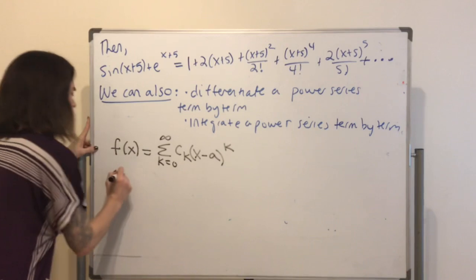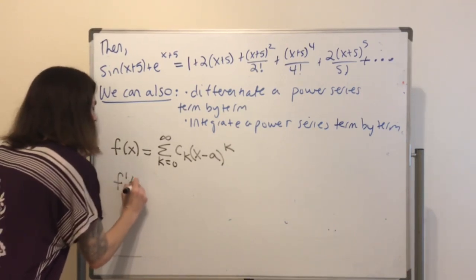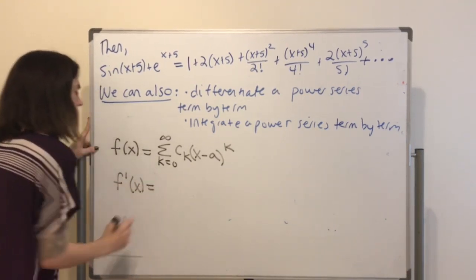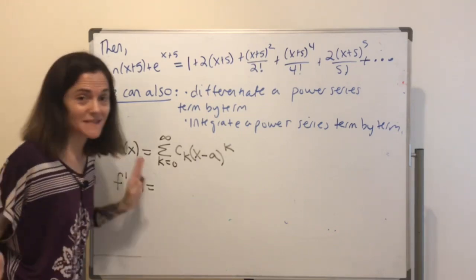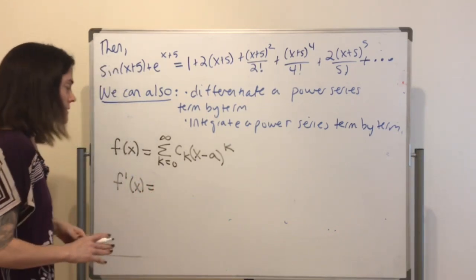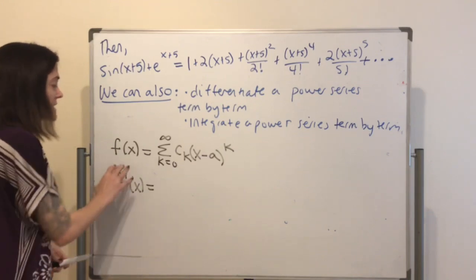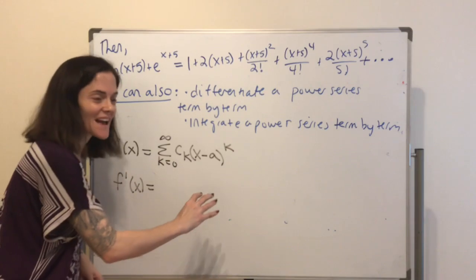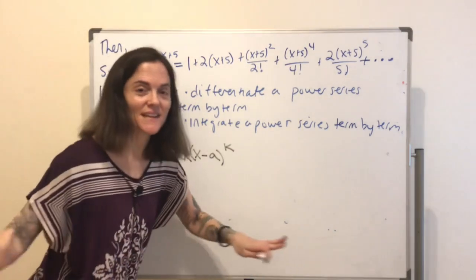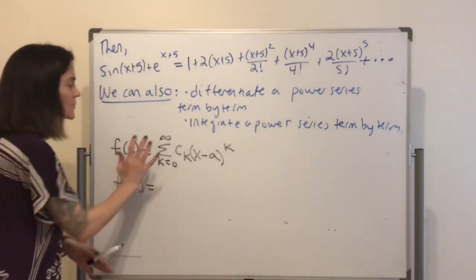Well, what's the derivative? Okay, don't let all this scare you, right? Because this is a function of x, this is a function of x, and this is the easiest derivative ever, but people get scared with this big sum.